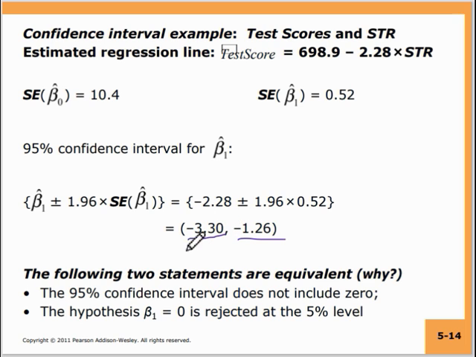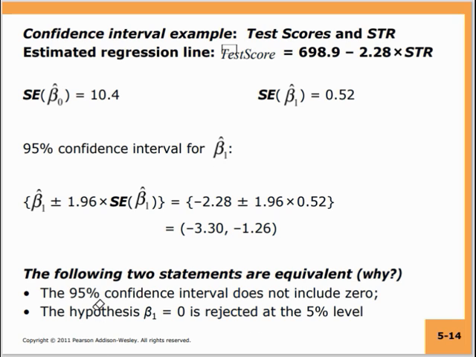So you will notice that your 95% confidence interval goes from minus 3.3 to minus 1.26. Both of these values are negative. That means with 95% confidence, you can say that there is in fact a negative correlation between y and x.